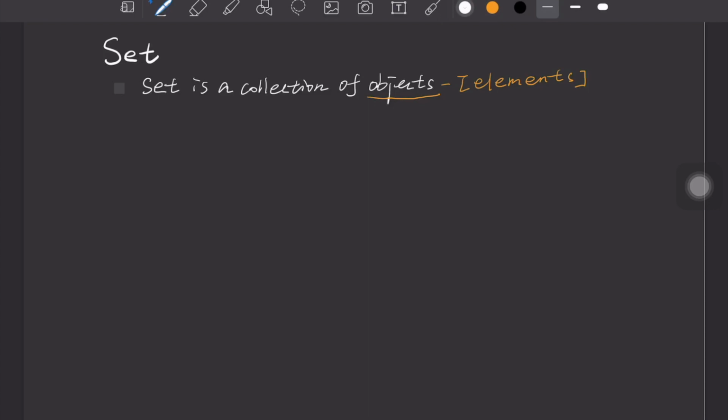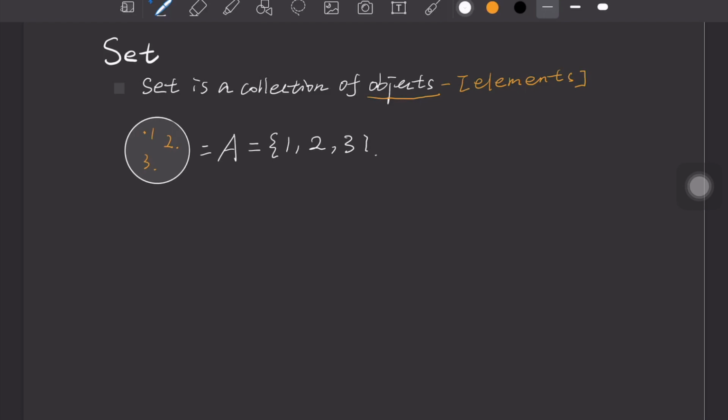It's quite simple to understand because we can see a set as a box, and we can grab anything we want into this box. For example, like this, and then we can label this box as A, which has the elements 1, 2, 3.